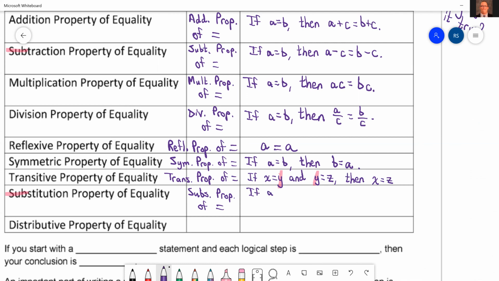If A equals B, then A can be replaced by B in an equation.